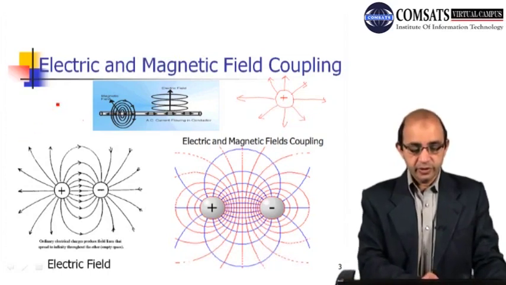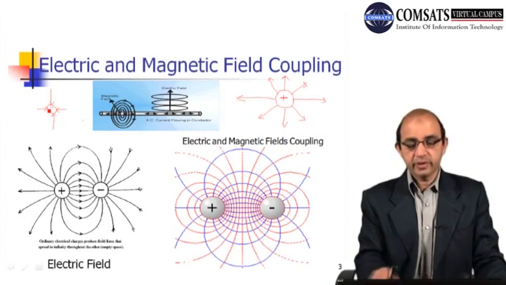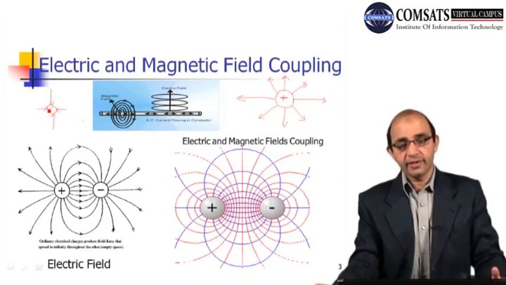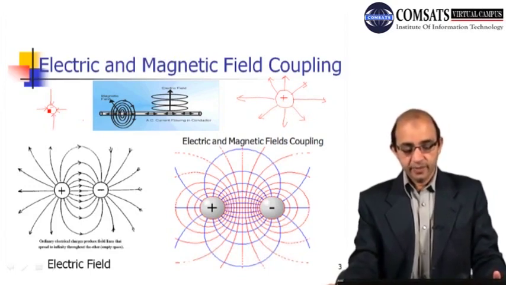So let me draw the negative charge on the left hand side of your screen. So the direction of those, they will be actually towards the negative charge. So that's the electric field around an electric charge when it is static, right?